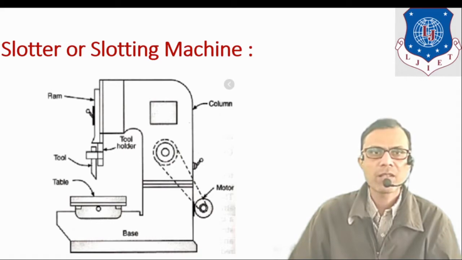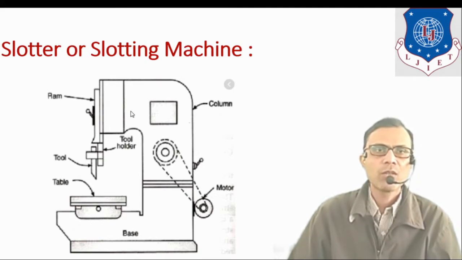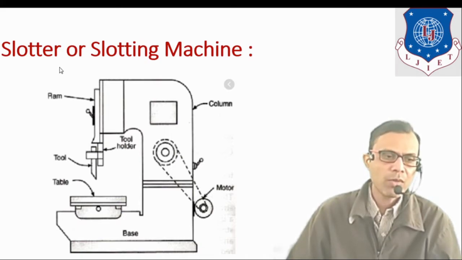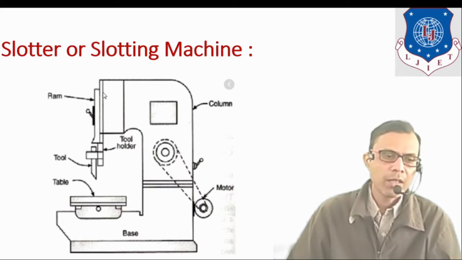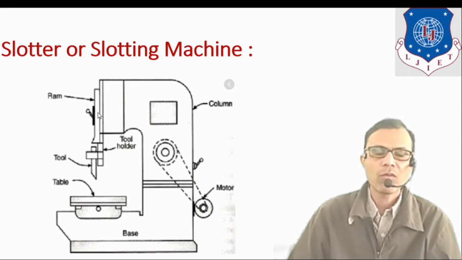The main difference between the shaper machine and this slotting machine is that in the case of the shaper machine, the tool reciprocates in a horizontal axis, whereas in the case of the slotting machine, the tool reciprocates in a vertical axis. Here you can see this column has guideways at the front side, and on those guideways this ram is fitted, which can reciprocate vertically up and down.